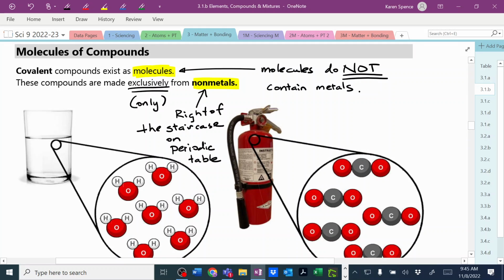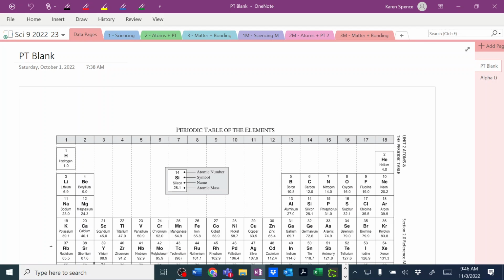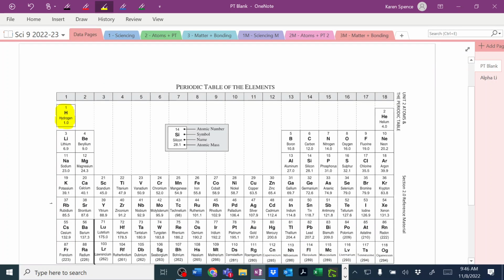Who's not on the right of the staircase but is a nonmetal? Hydrogen. Yeah, do we remember hydrogen? Data pages, let's see. Here are our nonmetals. There's one, just that one, and then all the rest of them are over here. Okay, here's the rest of our nonmetals.